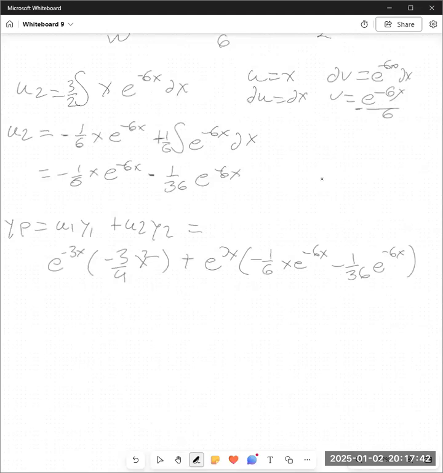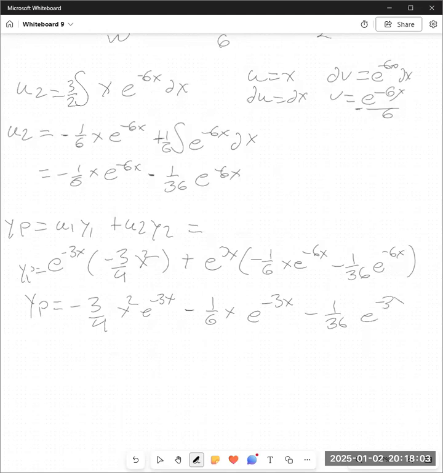So we have negative 3/4 x squared e to the negative 3x minus 1/6 x e to the negative 3x minus 1/36 e to the negative 3x. That's already in yc. I don't need that.